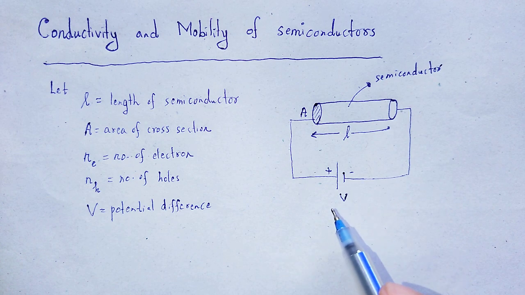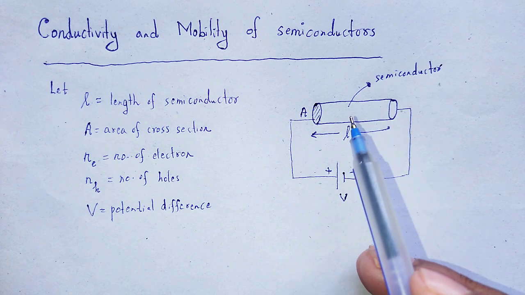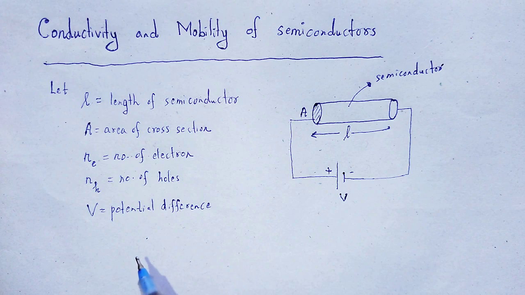Due to the application of potential difference, a current flows through the semiconductor.